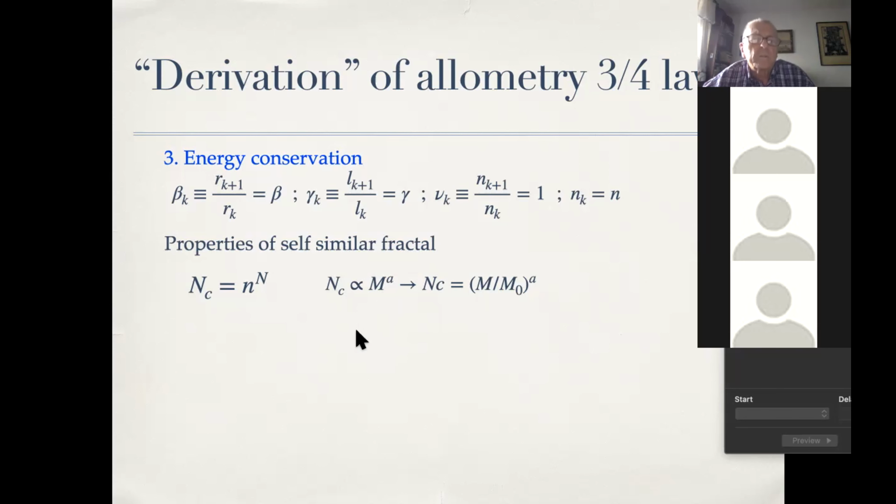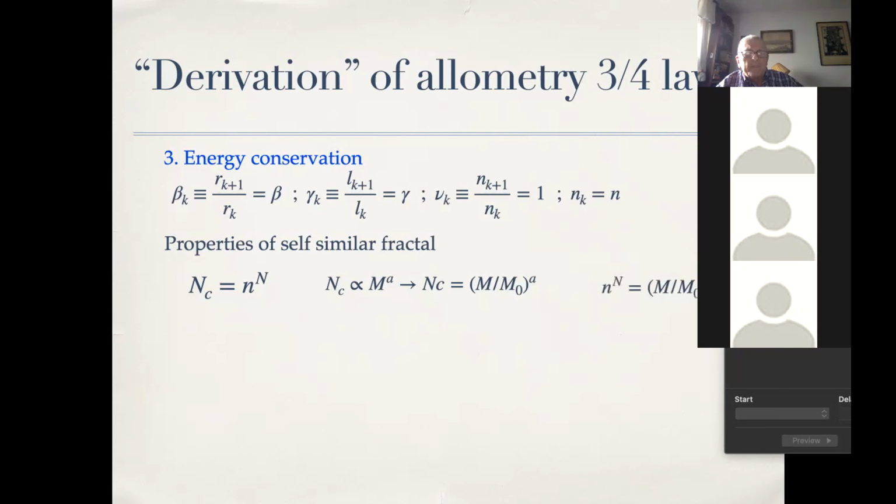I have to, therefore, write a formula which says that the number of tubes at the capillary level must be equal to the mass, but there must be a unit of mass which makes this mass dimensionless. So this is m divided by this mass m0, unknown to me at the moment, with the exponent a.